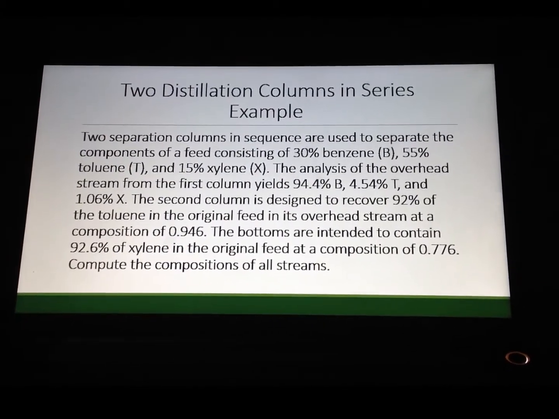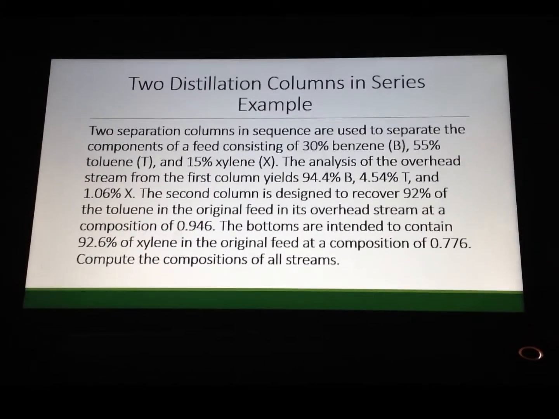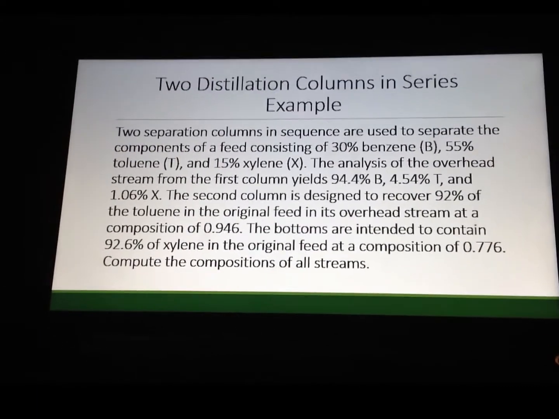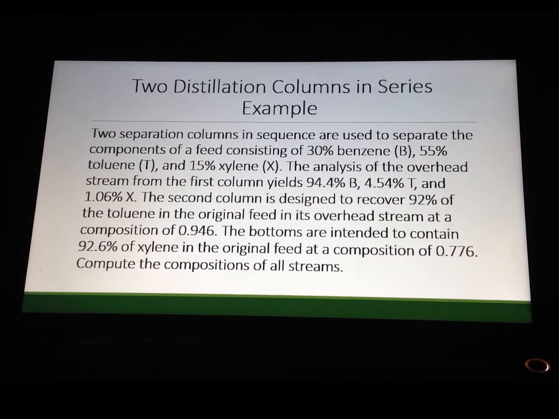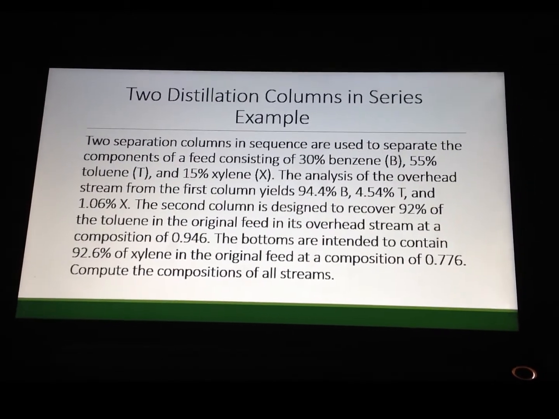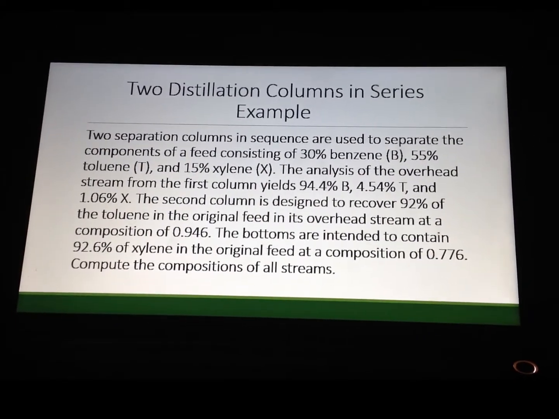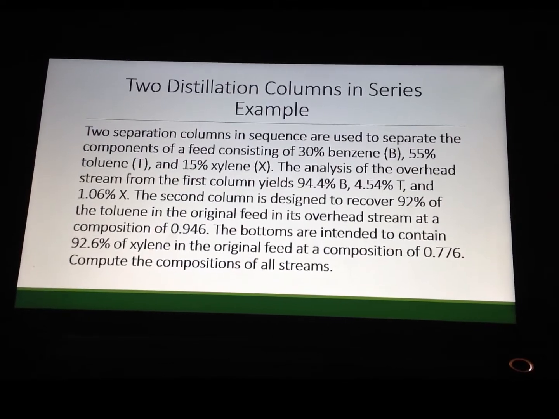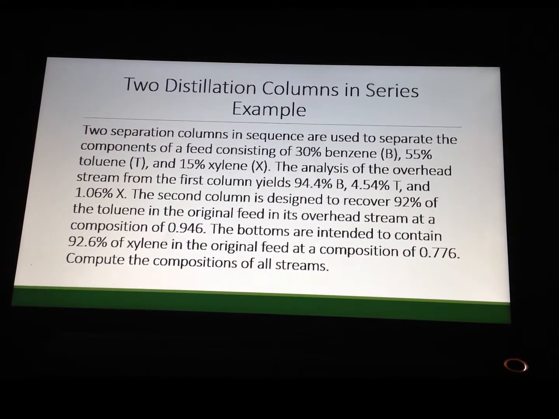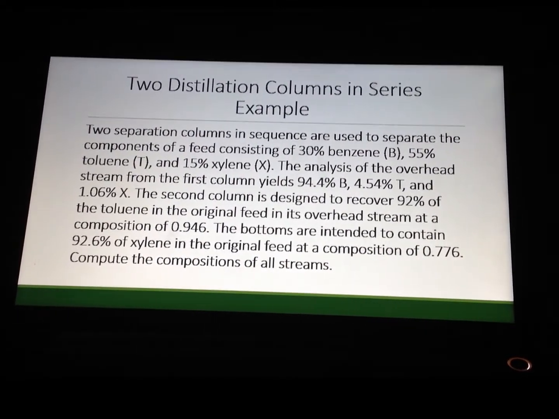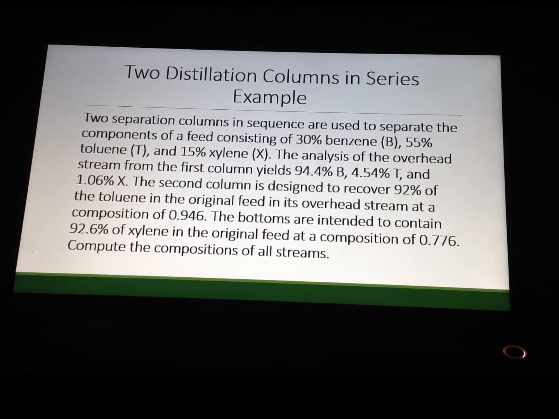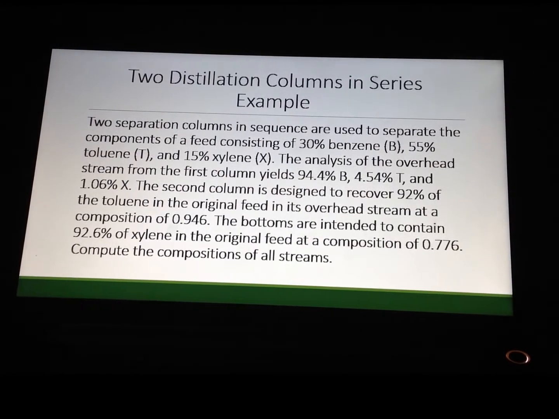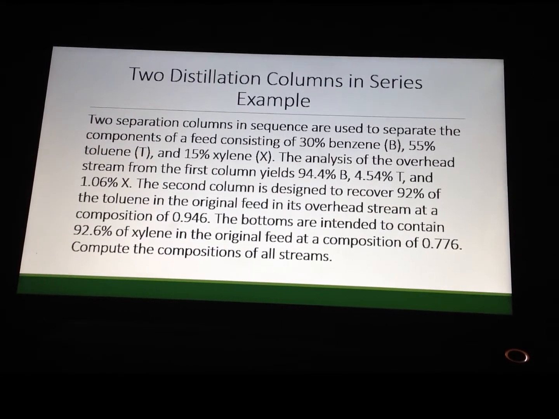In our example, we have two distillation columns in series. Two separation columns in sequence are used to separate the components of a feed consisting of 30% benzene, 55% toluene, and 15% xylene. The analysis of the overhead stream from the first column yields 94.4% benzene, 4.54% toluene, and 1.06% xylene.